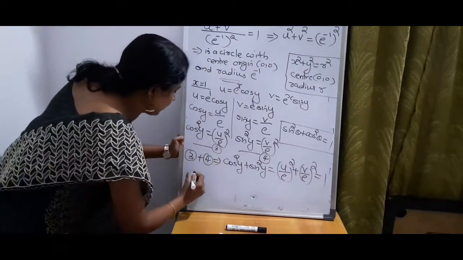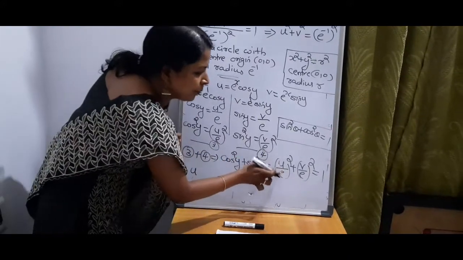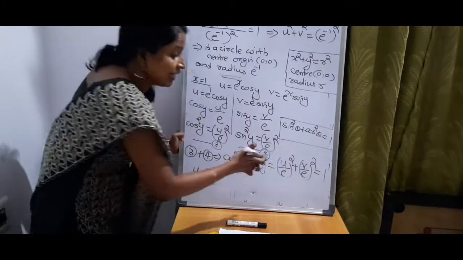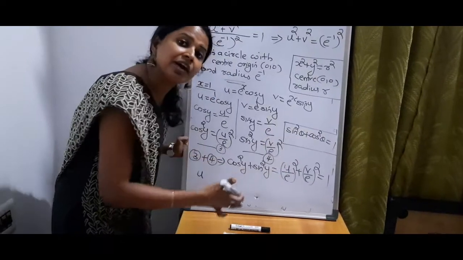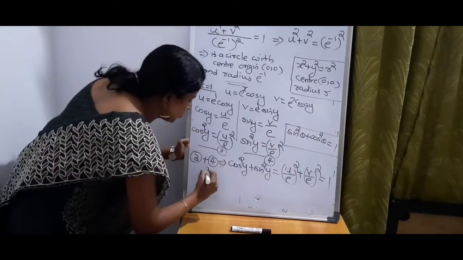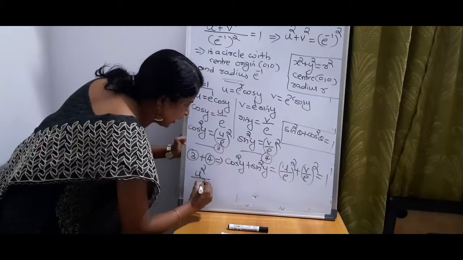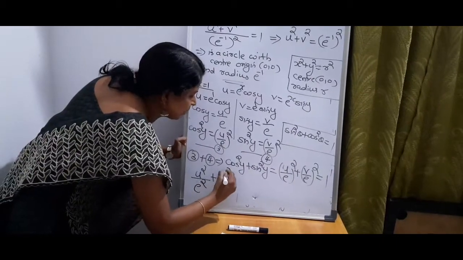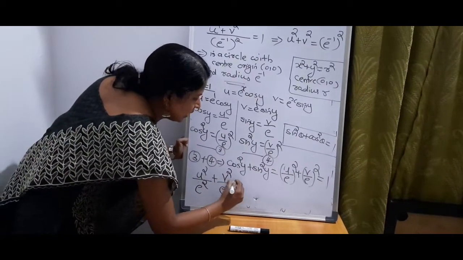So we get the equation. Here u by e whole square means numerator square divided by denominator square. That is u square by e square plus v square by e square equal to 1.